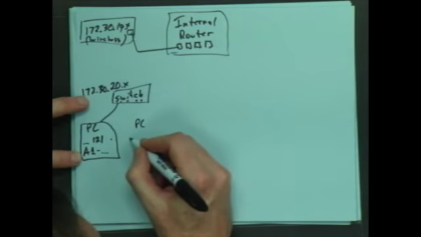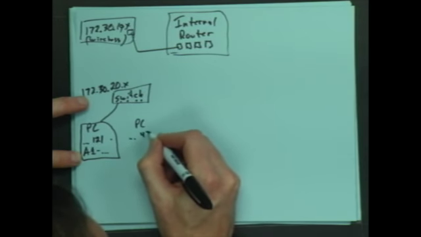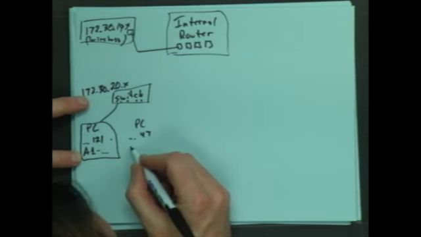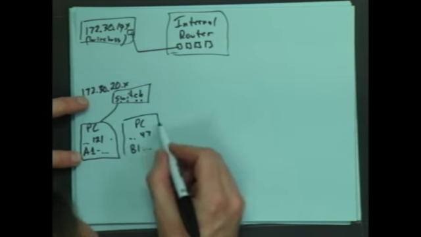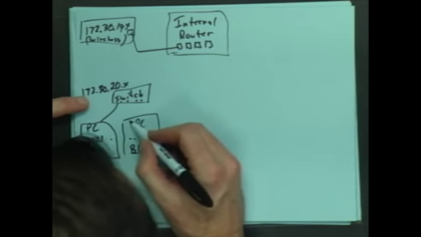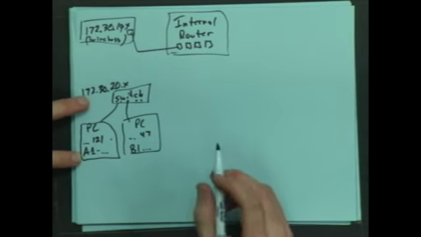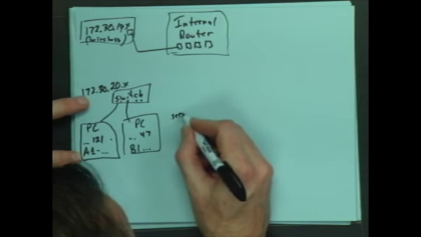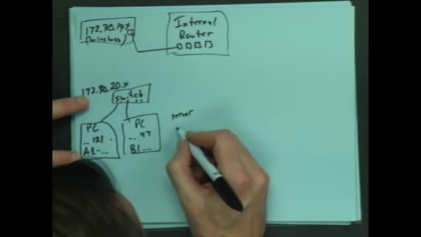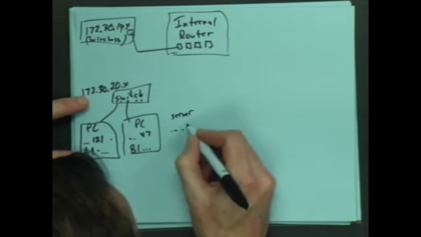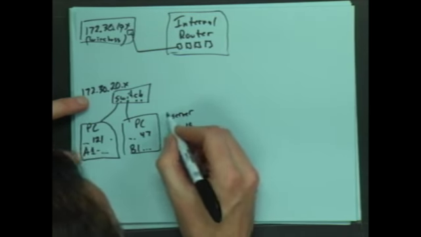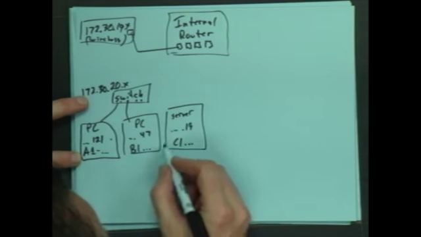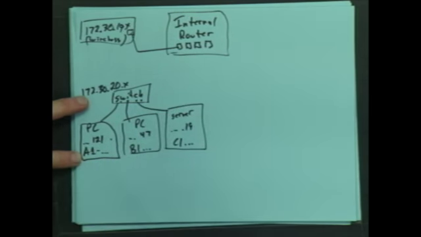Its IP address ends with 47, and its MAC address is B1 something. That one is plugged into the switch. And then I have a server. This server's IP address ends with a .19, and it is C1 such and such. Okay, that is also plugged into the switch.